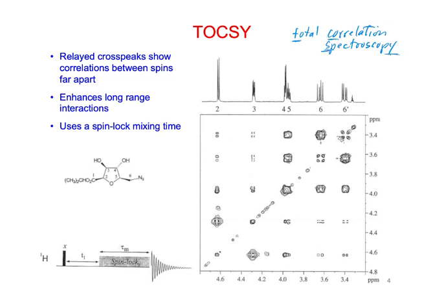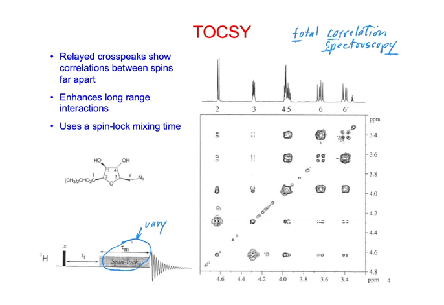All right, so the pulse sequence here is kind of similar, but instead of having a second pulse, they have this thing called a spin lock. And somehow it locks the spins in the XY plane or something, and so the signal can propagate while it's locked there. And so you can vary the length of this, and the longer this is, the longer it allows the spins to propagate along a spin system.